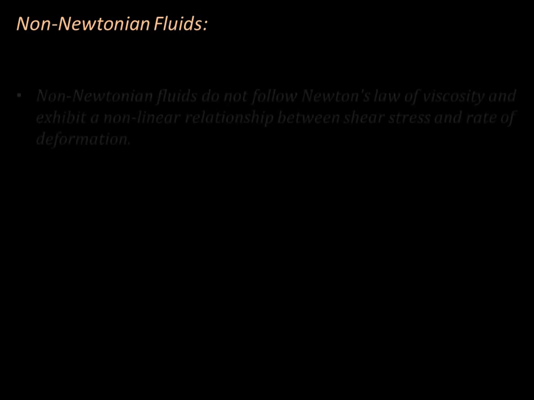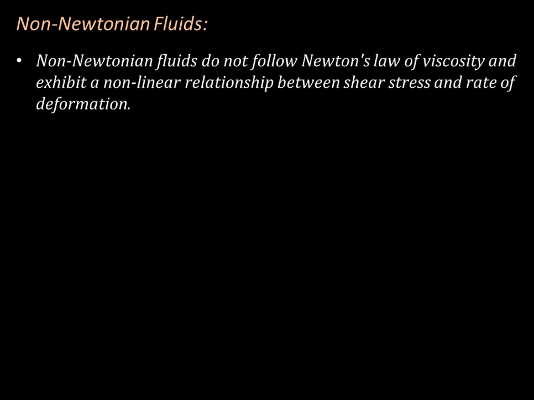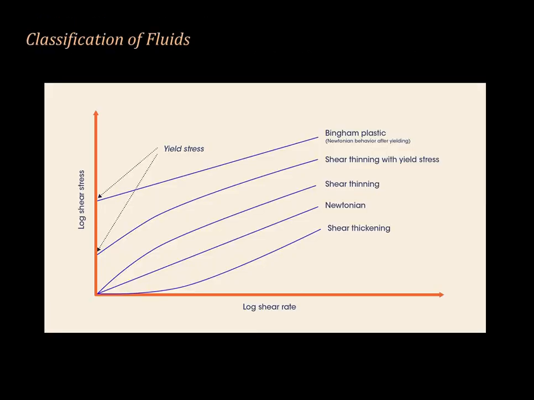Now coming on to the next, that is non-Newtonian fluids. Non-Newtonian fluids do not follow Newton's law of viscosity and they exhibit a non-linear relationship between shear stress and rate of deformation. We can see here in the diagram that for Newtonian fluid there is a linear relationship, but for non-Newtonian fluids the relationship is not linear.